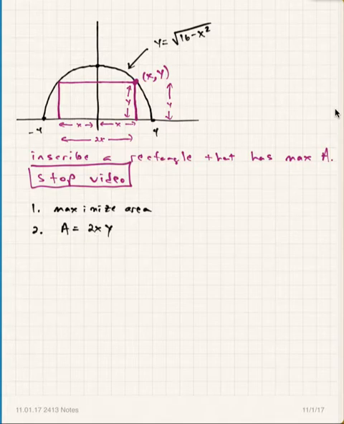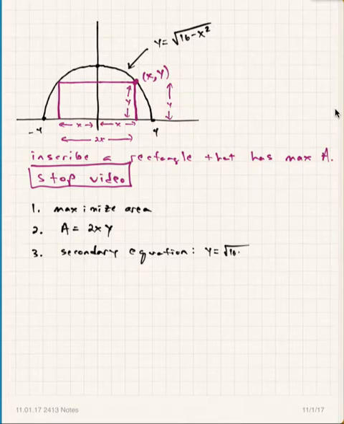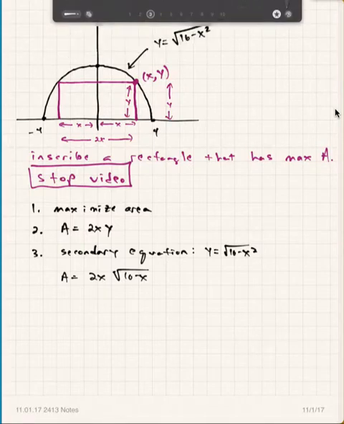It's involving too many variables, so we need a secondary equation for step 3. We do know that the point xy has to be on that semicircle. So the secondary equation in this problem is y equals the square root of 16 minus x squared. That xy has to be on that semicircle, so it must satisfy that equation. And so our area equation becomes 2x times the square root of 16 minus x squared.